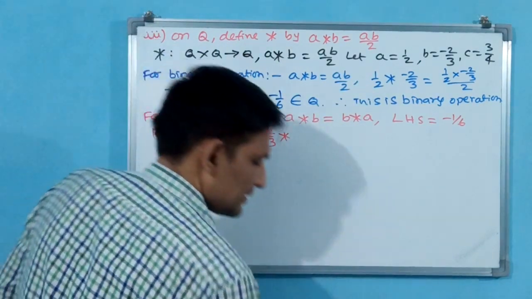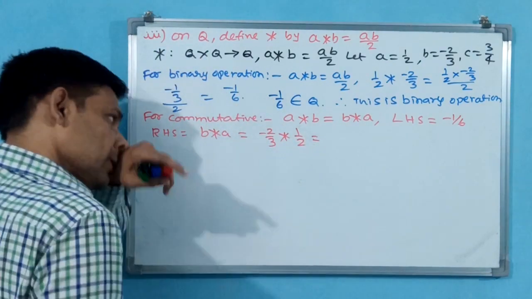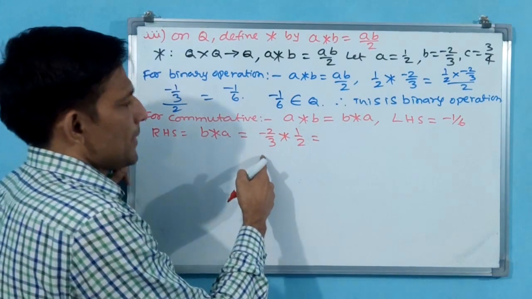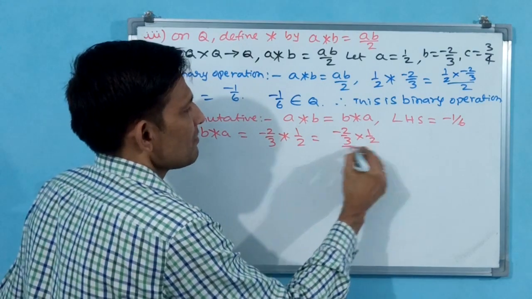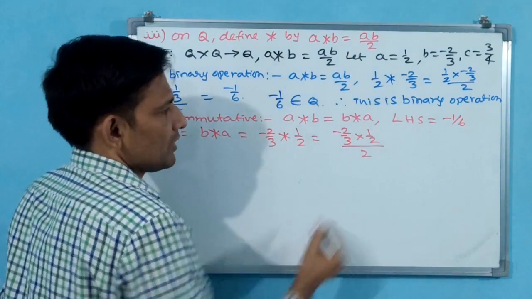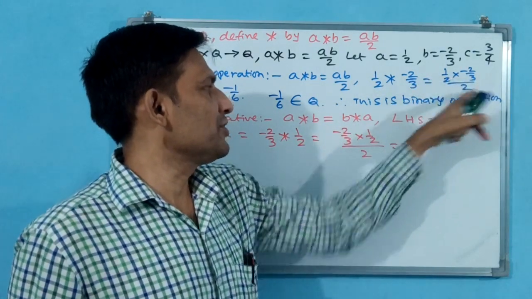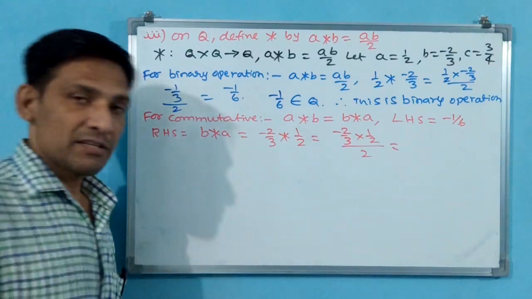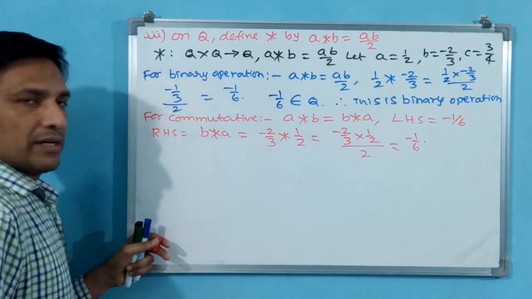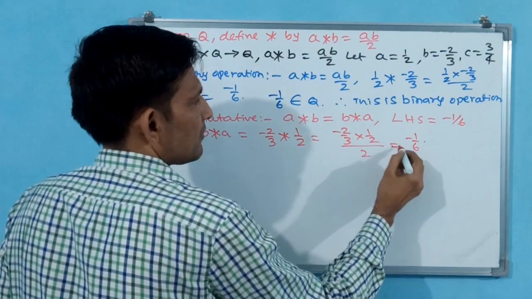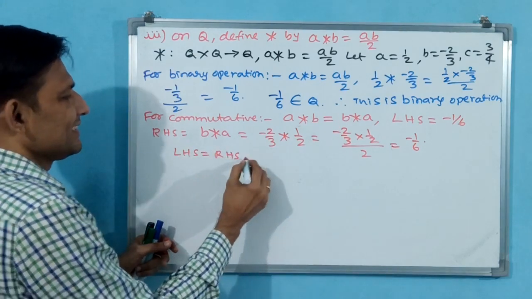You reverse this, that's all. Minus 2 by 3 star 1 by 2 is equal to minus 2 by 3 into 1 by 2 by 2. Why? Because AB by 2. Now the same result is going to come. Whether you multiply AB or BA, the same result comes. That means minus 1 by 6 only you are going to get. Now you write LHS is equal to RHS.